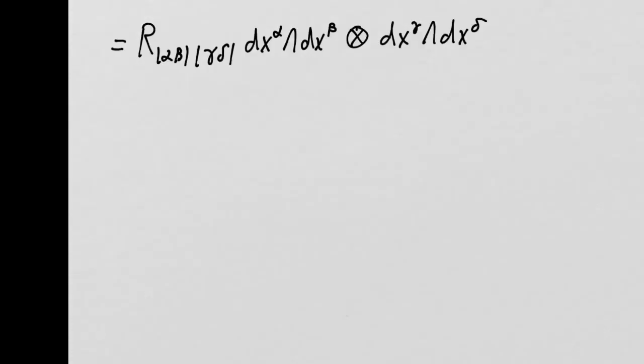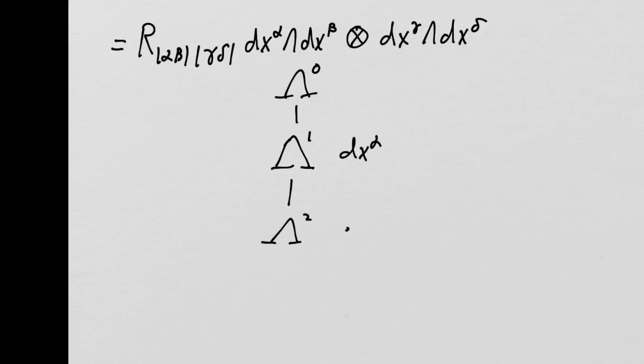Now, I'm not going to go over this in profound detail, but we do know that the 0 forms are functions, and 1 forms have a basis vector of dx alpha, two forms are dx alpha wedge dx beta.